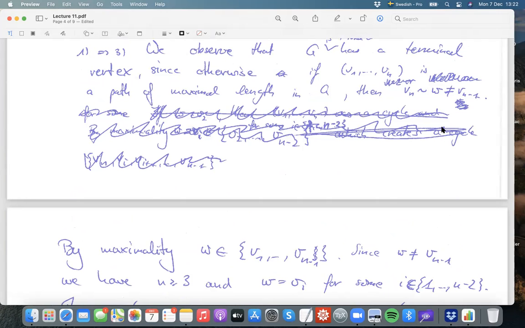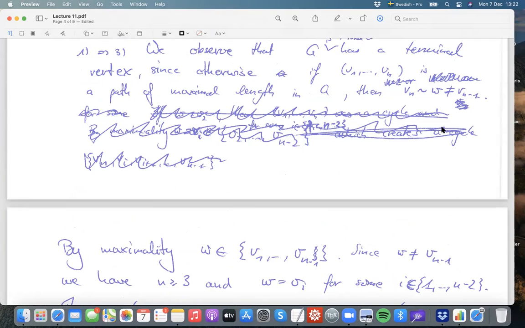Let's see. Assume that there are no vertices of degree 1. What happens then?